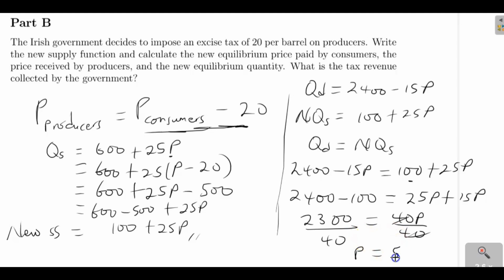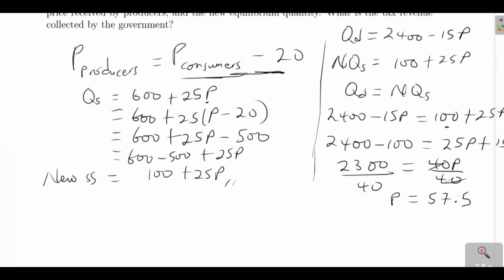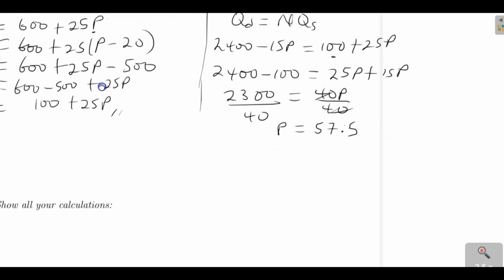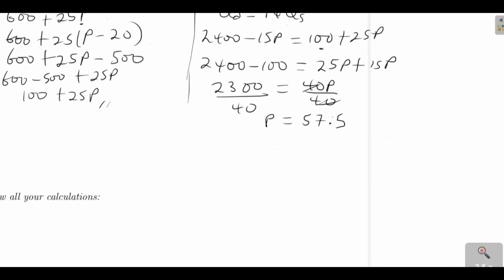And that is 57.5. Right. So this is the new equilibrium price that the consumers are going to pay.